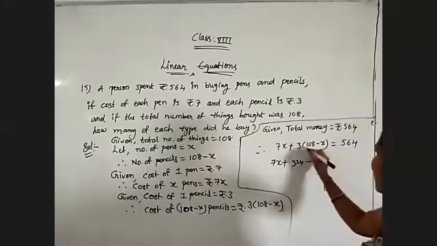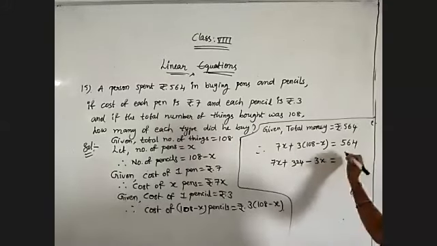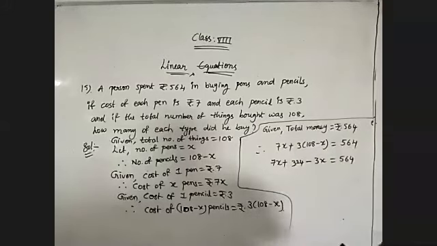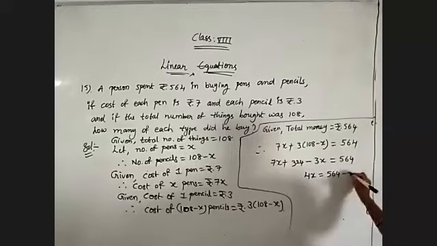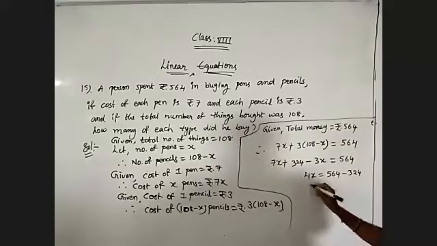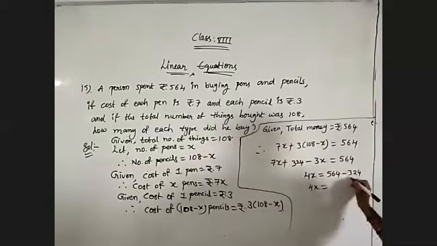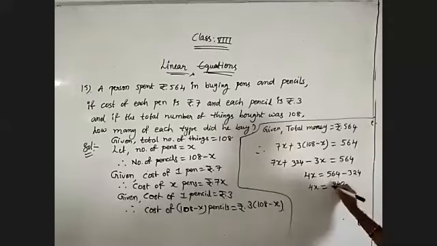Okay, now observe, simplify: 7x plus 108 into 3, 3 8s are 24, 3 1s are 3, so 324, minus 3 into x is 3x, is equal to 564. Now 7x minus 3x is 4x is equal to 564 minus 324, bringing this side. Now 4x will be equal to 240.